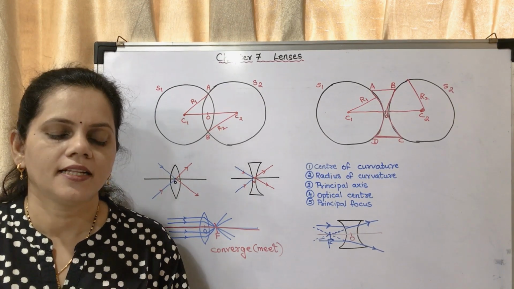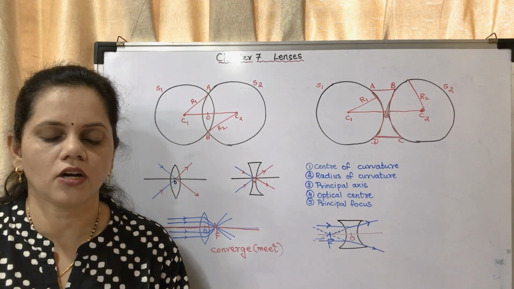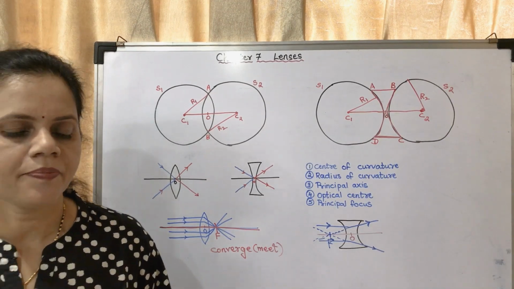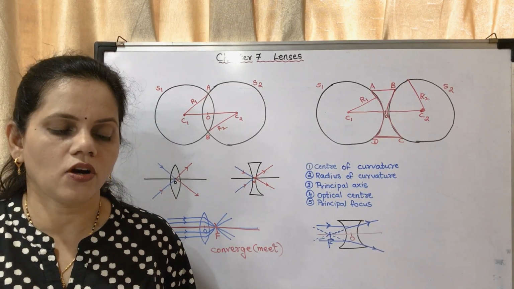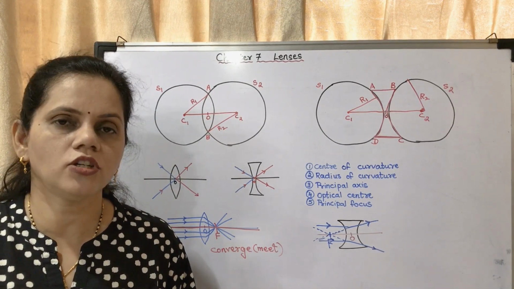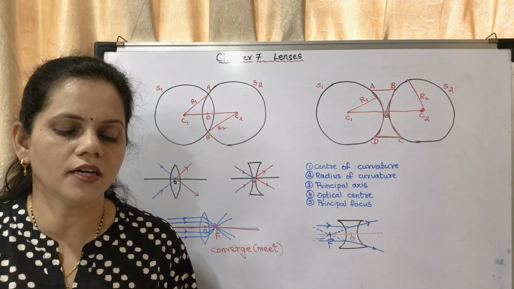Principal axis: the imaginary line passing through both the centers of curvature is called the principal axis of the lens. Optical center: the point inside a lens on the principal axis through which light rays pass without changing their path is called the optical center of the lens.